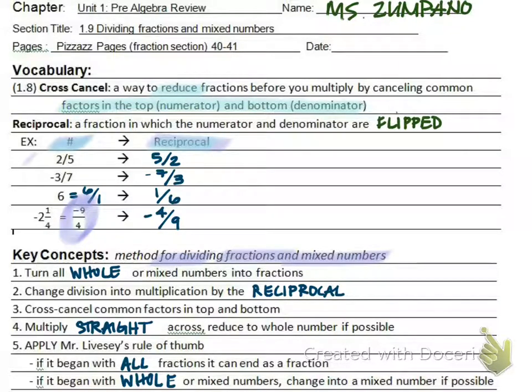So now that we've taken a look at the key concepts, again, we're looking at different ways to end up dividing fractions and mixed numbers. So let's go ahead and take a look at our first couple of examples.